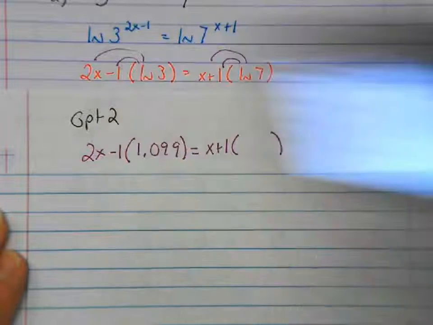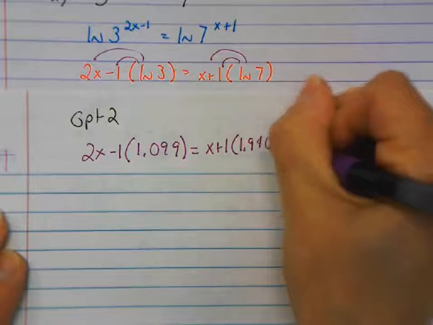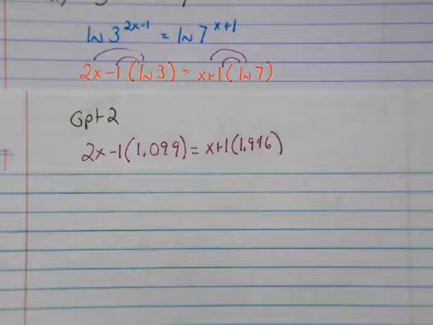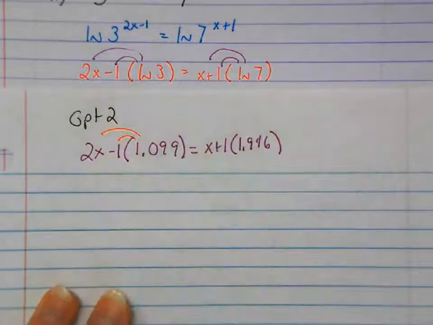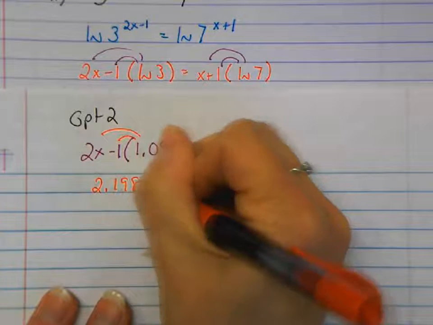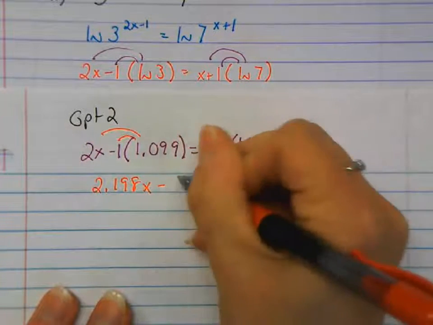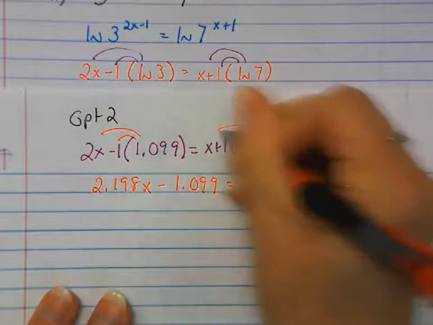And now I'm going to just solve an equation. So step 1, distribute. So 1.099 times 2, I get 2.198x minus 1.099 equals, and I'm going to distribute over here, 1.946x plus 1.946.